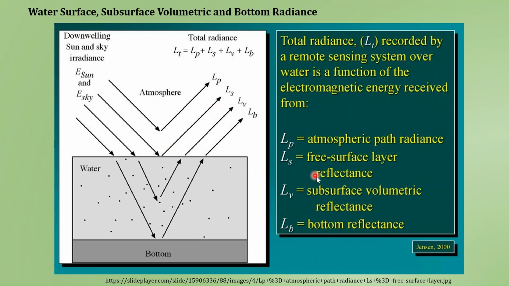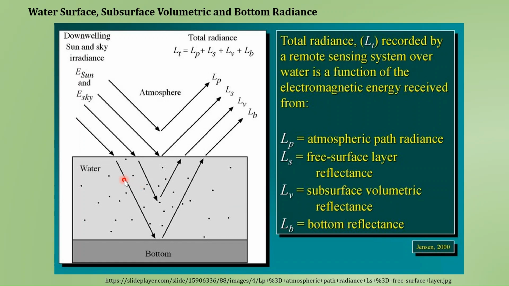It is referred to as the free surface layer reflectance or the boundary reflectance. The third source is the portion of the radiation which penetrates the water body and interacts with the water components, and without coming in contact with the bottom, it propagates back through the medium and exits the water body into the atmosphere. This is referred to as LV, the subsurface volumetric reflectance.